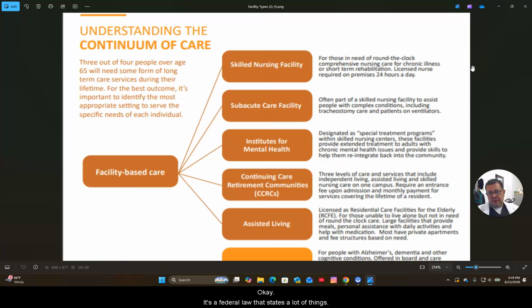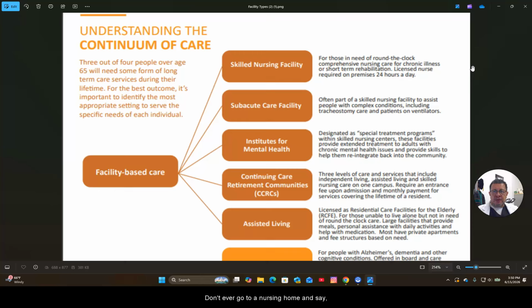It's a federal law that states a lot of things, but one of the main things that it states with SNFs is that you have to have referral adjunct services like podiatry, optometry, all those things, not necessarily being on staff, but referrals, and that includes dentistry. It doesn't say that they need to refer to RDHAPs. Please make sure you understand that.